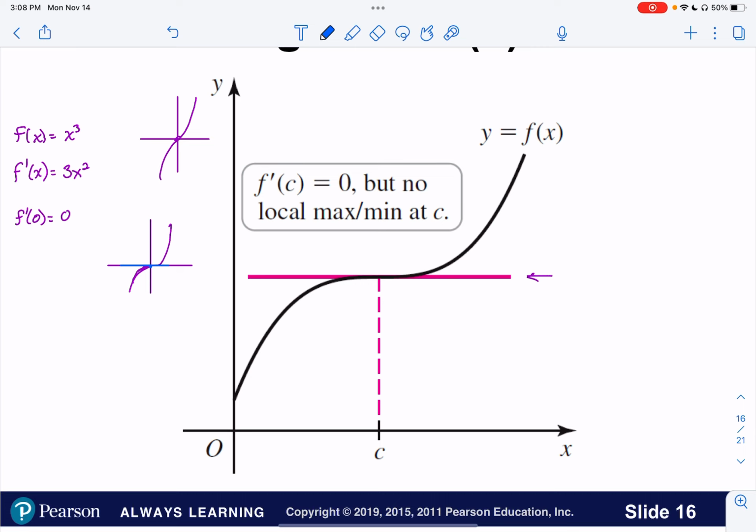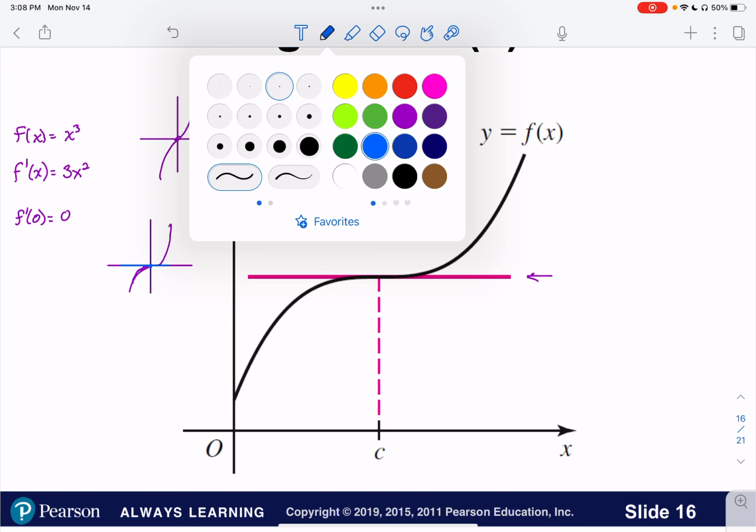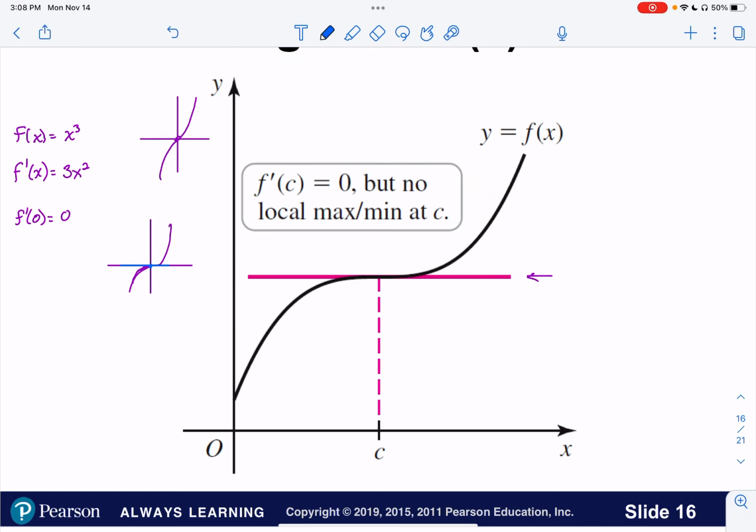My tangent right there at 0 would have a slope of 0, but I don't have a maximum or a minimum. That's what I was getting at. This is actually what we call an inflection point. You'll start seeing that term thrown around a little more, and we'll talk more about it. But it's not a max or a min.